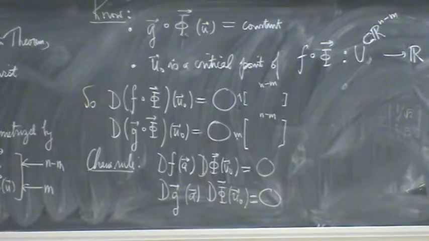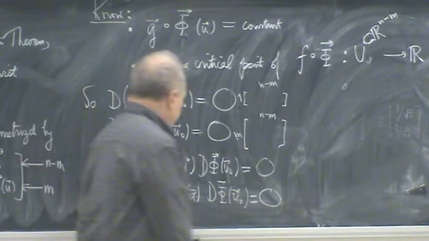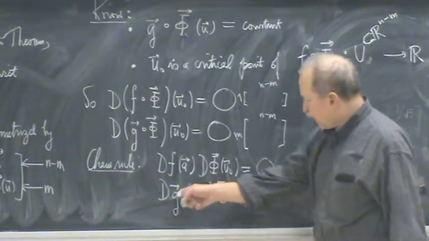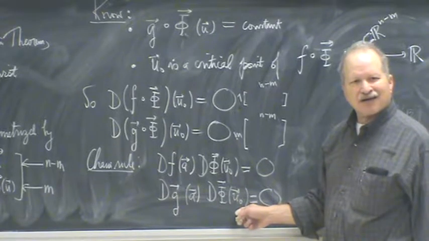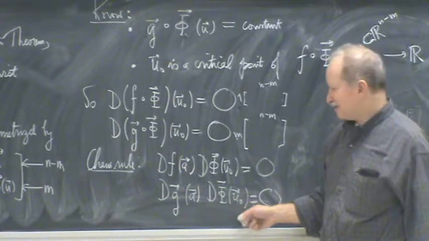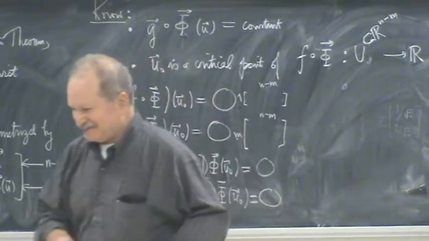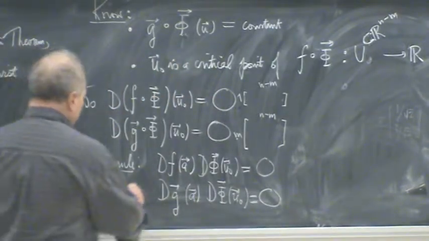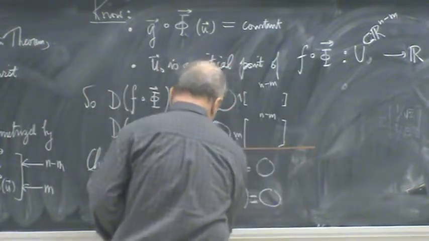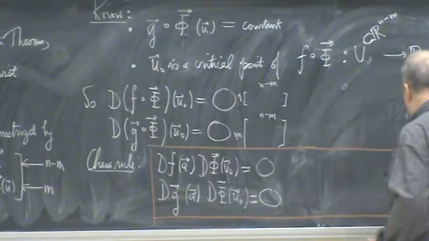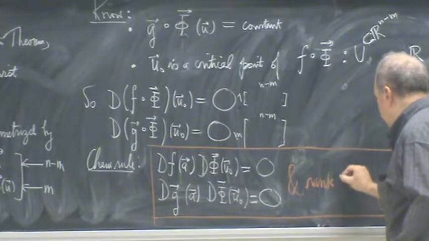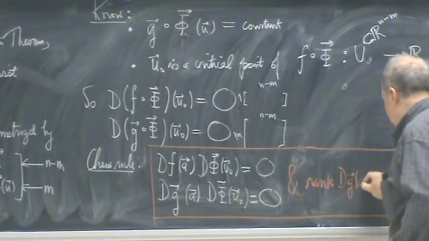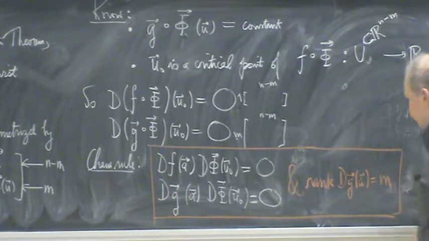That's sort of interesting. What does it mean if the product of two matrices is zero? This actually came up in your homework. And one of them is zero? Doesn't mean that one of them is zero. So we have this, and we have one more condition that I'm going to put here in the box before I change boards: the rank of dg at A is m. Are they like orthogonal?